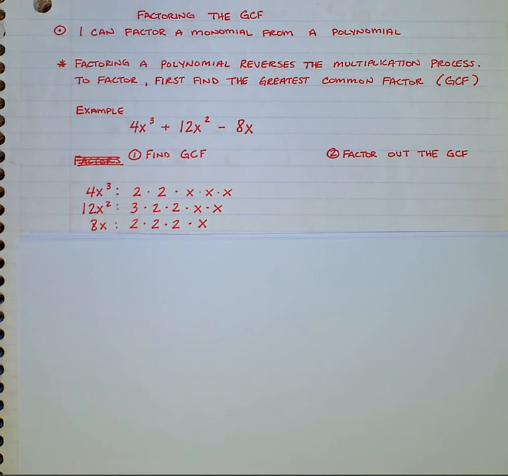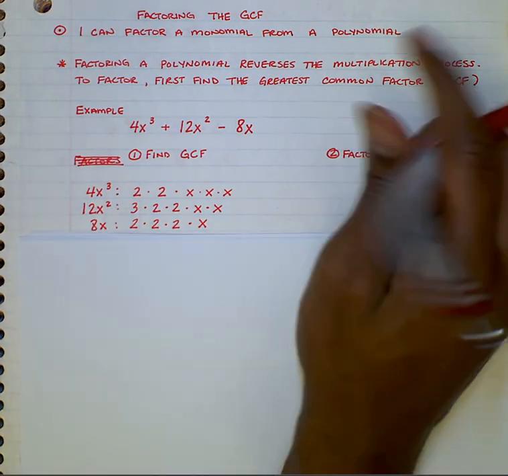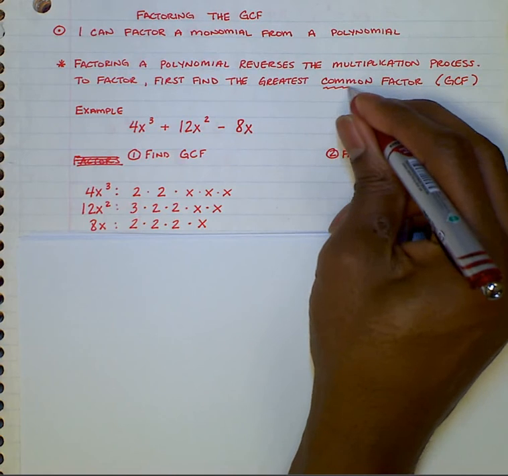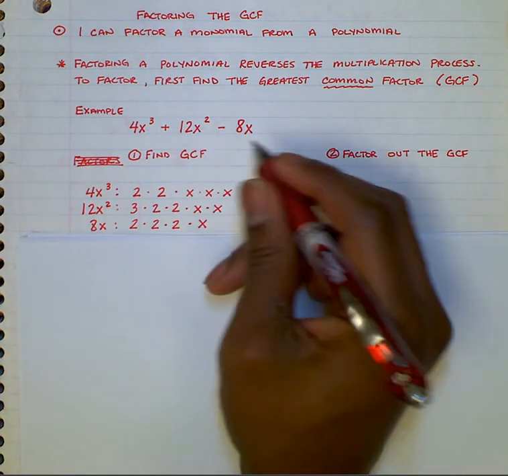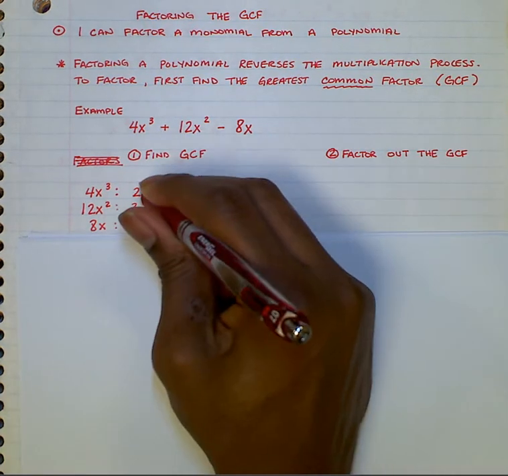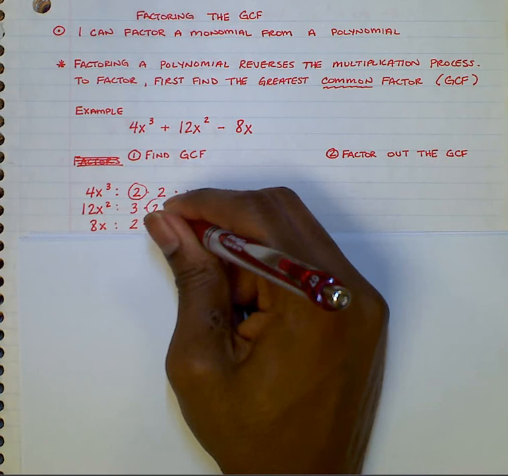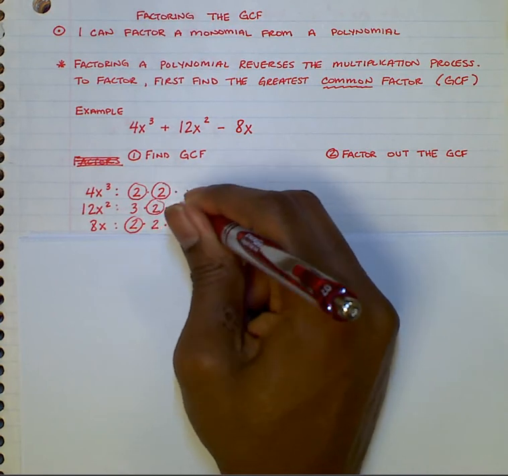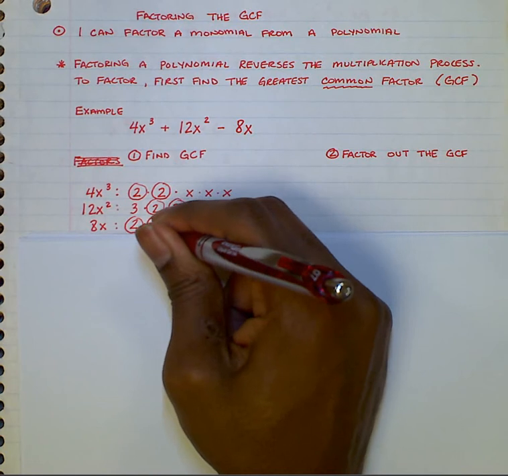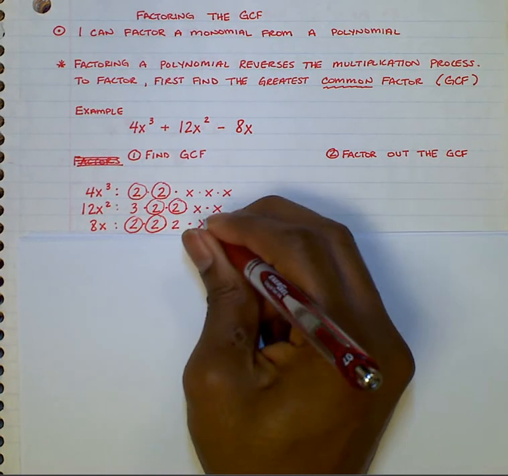Now we're trying to find the greatest common factor, and so common means alike. Greatest is the biggest thing that's alike in everything. Okay, so what I'm going to do is find out what's in everything. Well, I have a 2 in everything. I have another 2 in each of the terms, and I have an x in each of the terms.